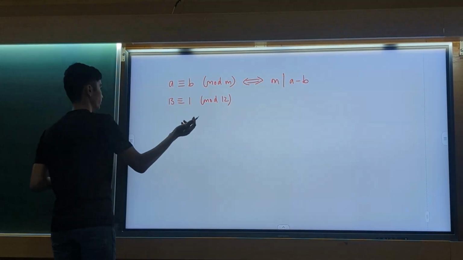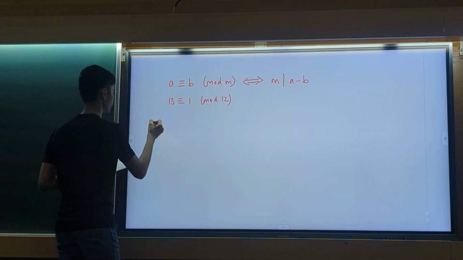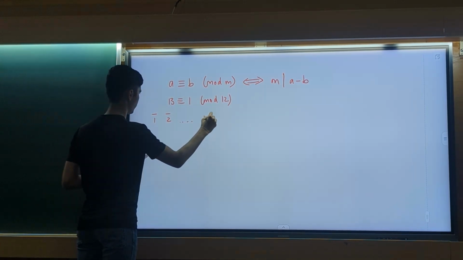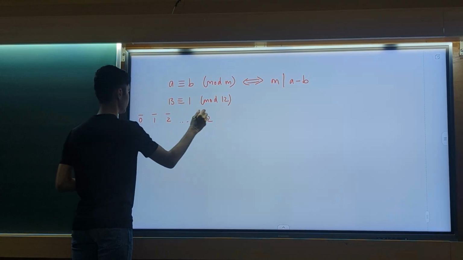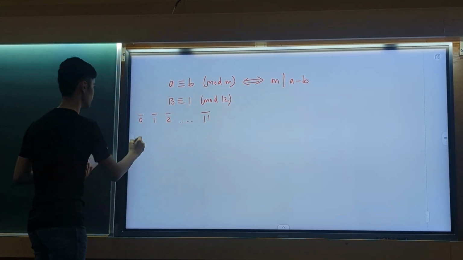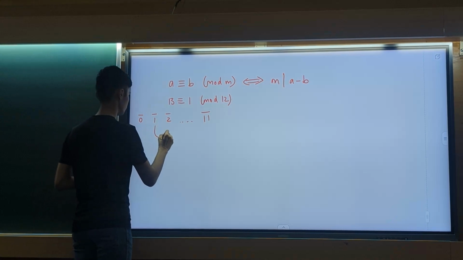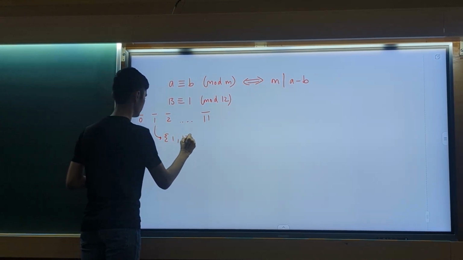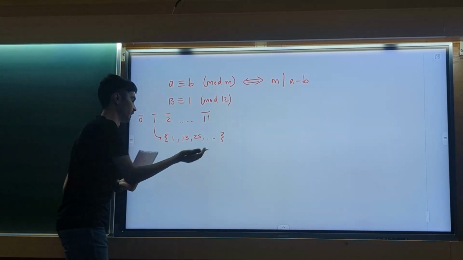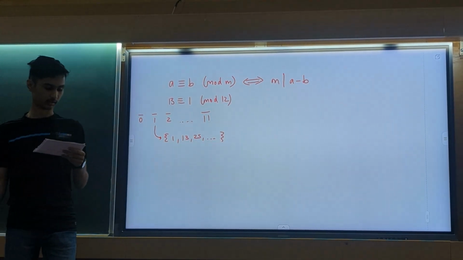So suppose you are taking modulo 12, then you get 12 residue classes: 0 bar, 1 bar, till 11 bar. And then 1 bar is just 1, 13, 25, and also the negative ones as well.